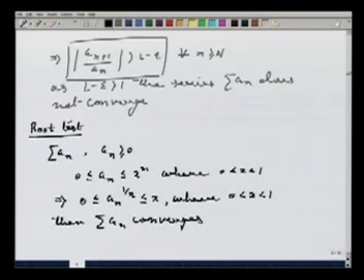The root test is essentially the same thing written in a different language in terms of the limit. So let me first give you the statement.